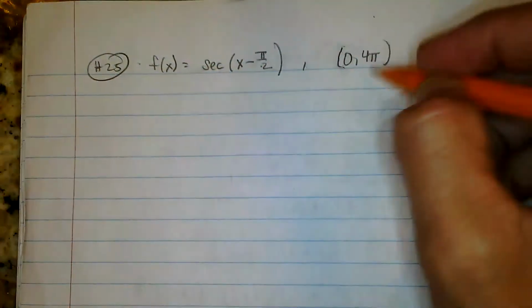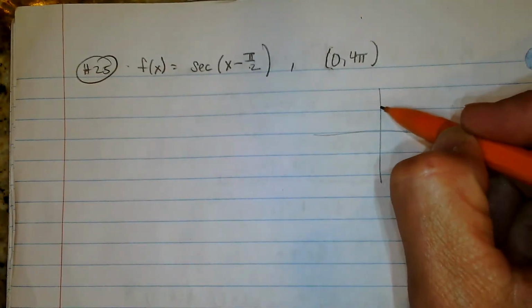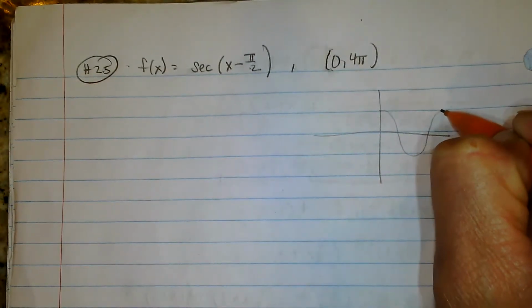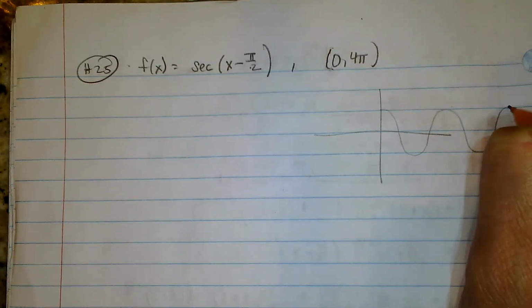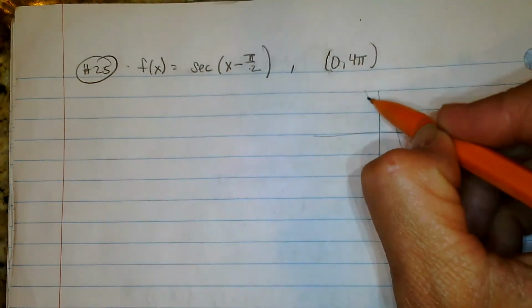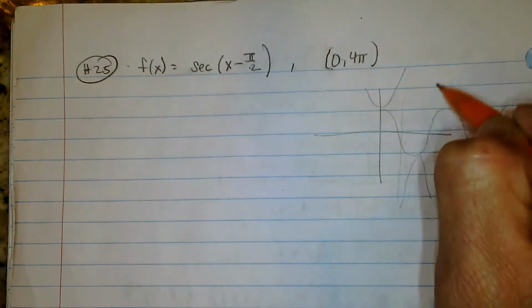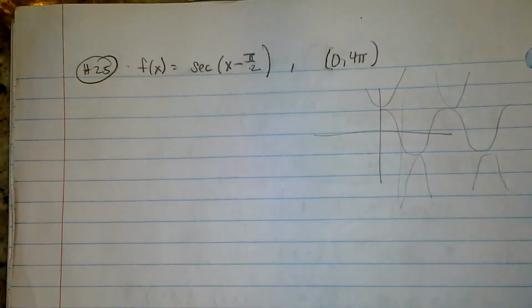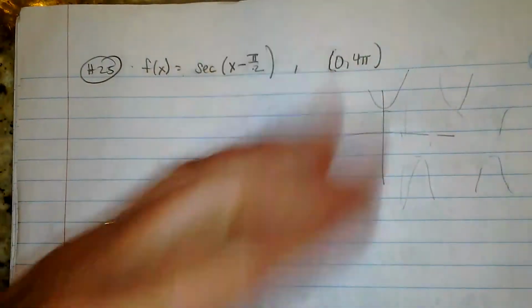If I just get a quick visual, the cosine graph looks like this from 0 to 2 pi, and then 0 to 4 pi. The secant graph would therefore be this, and we're shifting the whole thing to the right pi over 2.